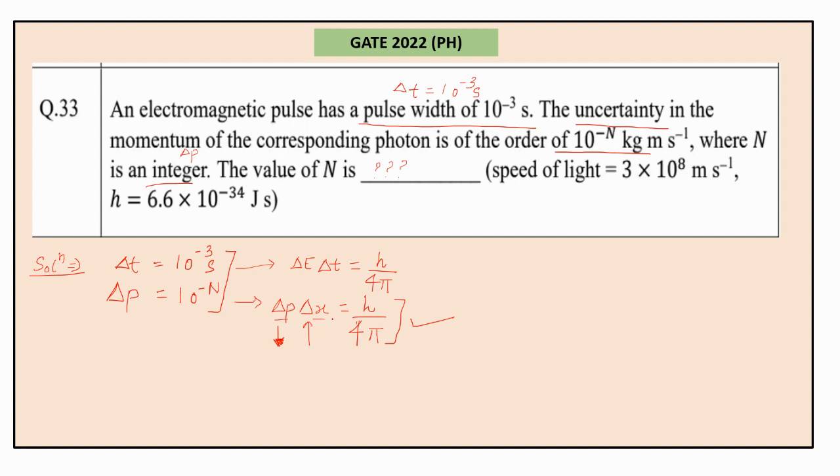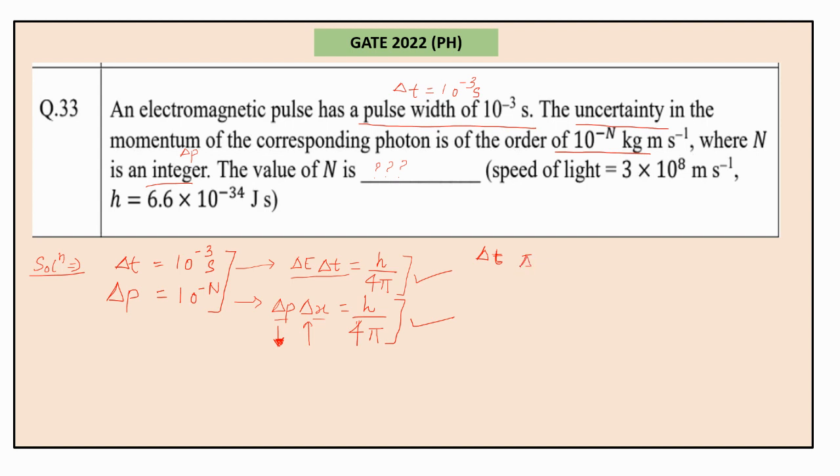Delta P delta x is equals to h upon 4 pi. There is one more uncertainty principle, and that is this one. Delta E into delta T is equals to h upon 4 pi. So this says within a time interval delta T, it is impossible to measure energy precisely.